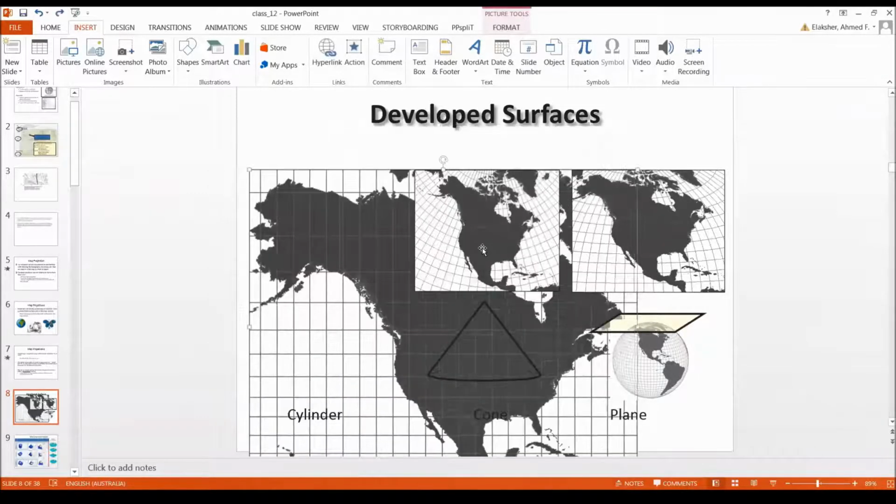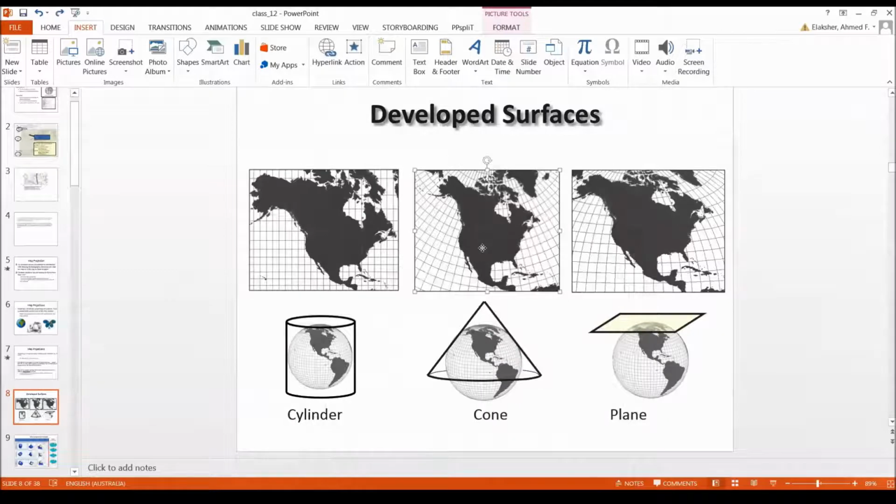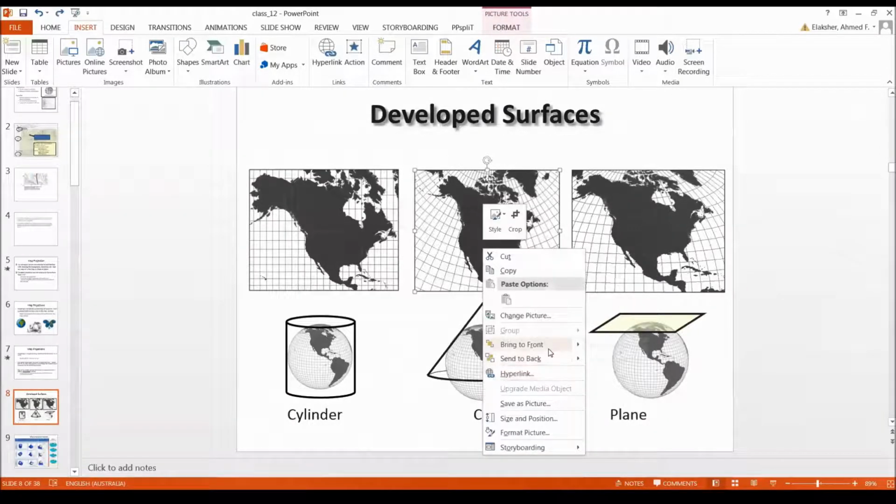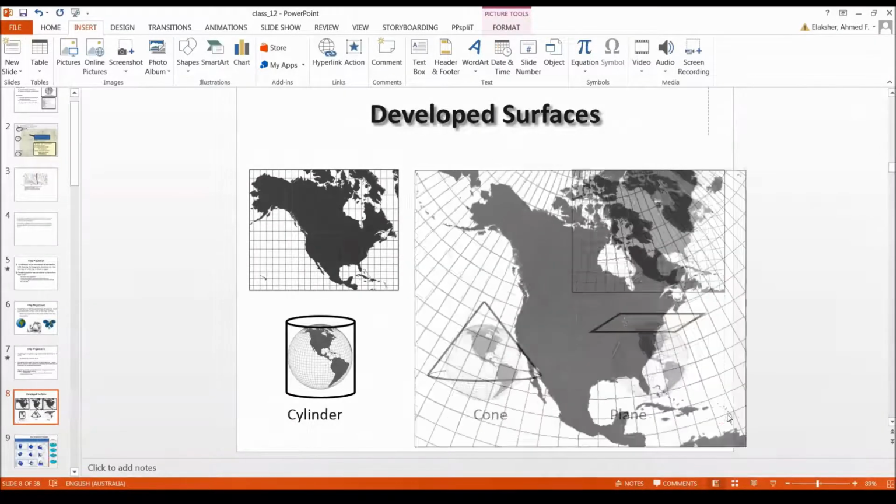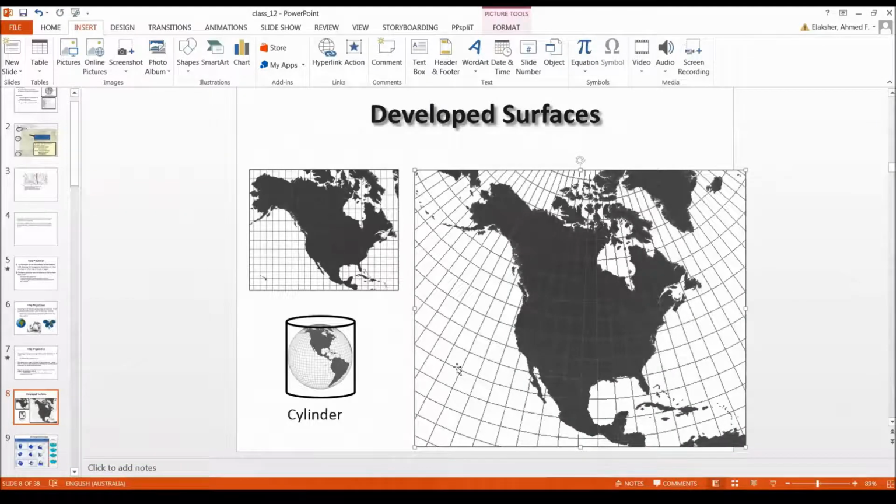Unlike this one here, which is the conical, you see the distances are increasing, but at the end, you still have a point for the North Pole. So you can still project the North Pole.